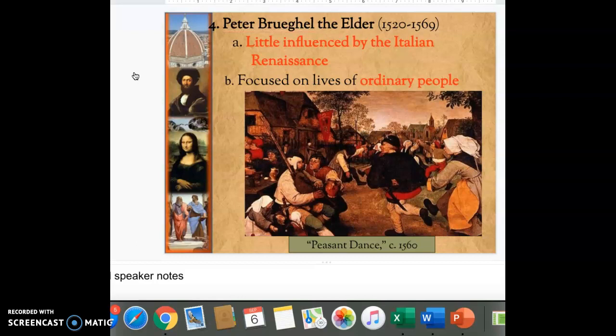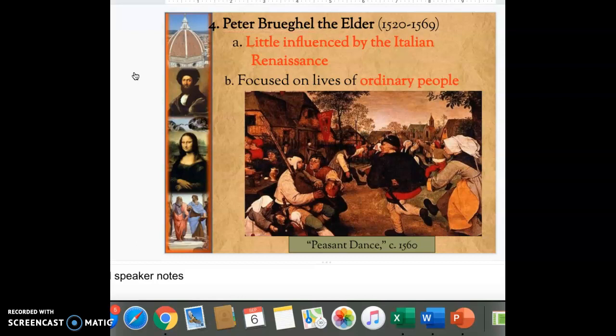by Bruegel. We know that his works tended to focus mainly on the lives of ordinary people and how they would just live their everyday lifestyles. He would often focus his works on non-elite members. So when we say ordinary, we're not talking about the very elite.